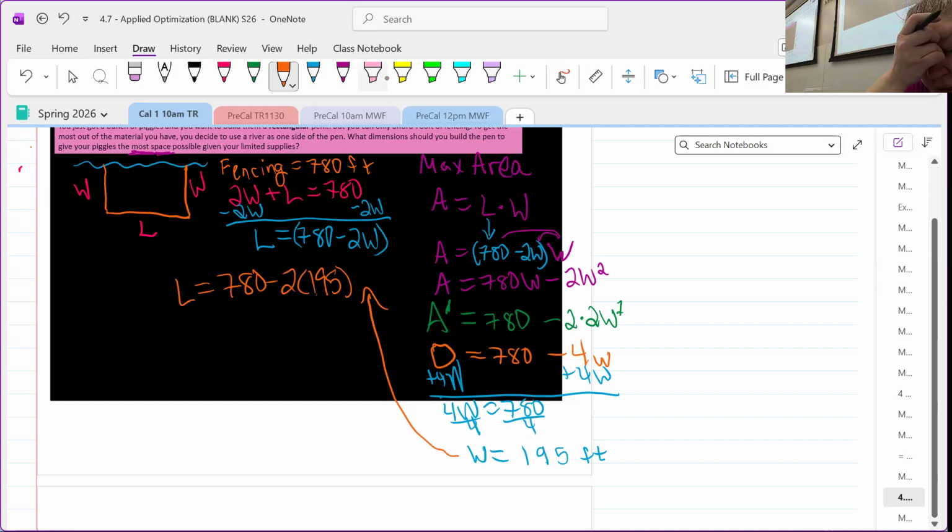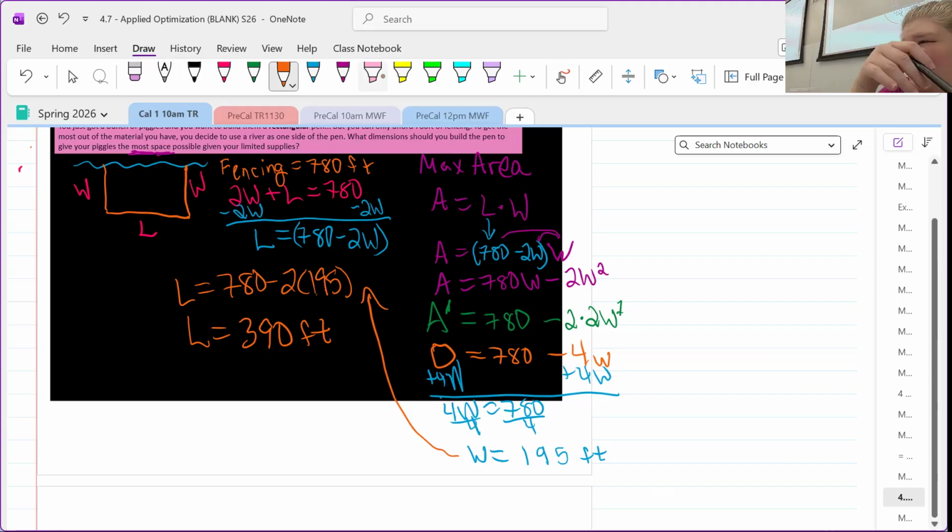That'd be 780 minus 390, which is 390. So our maximum area pen has a length that is twice as long as the width. So it's like 2 squares smushed together, or perfectly adjoined.